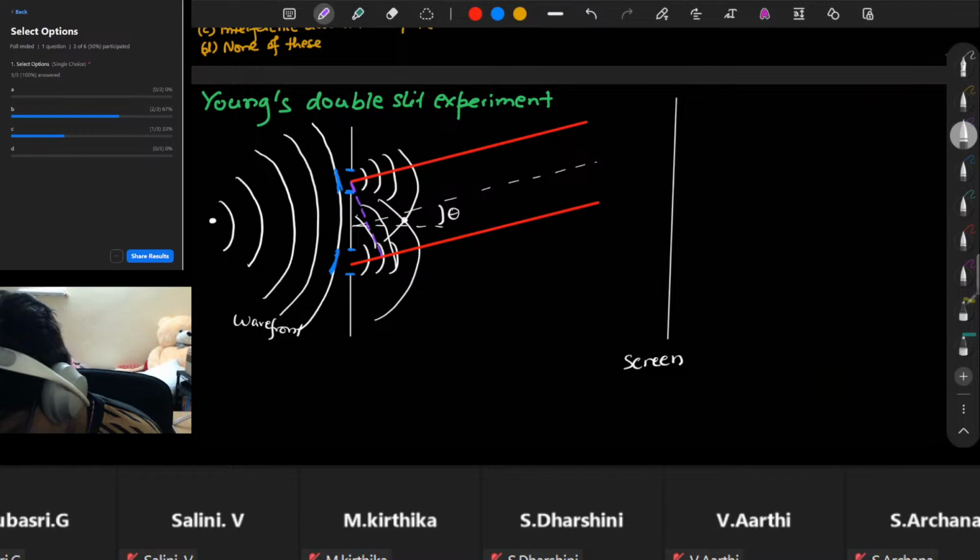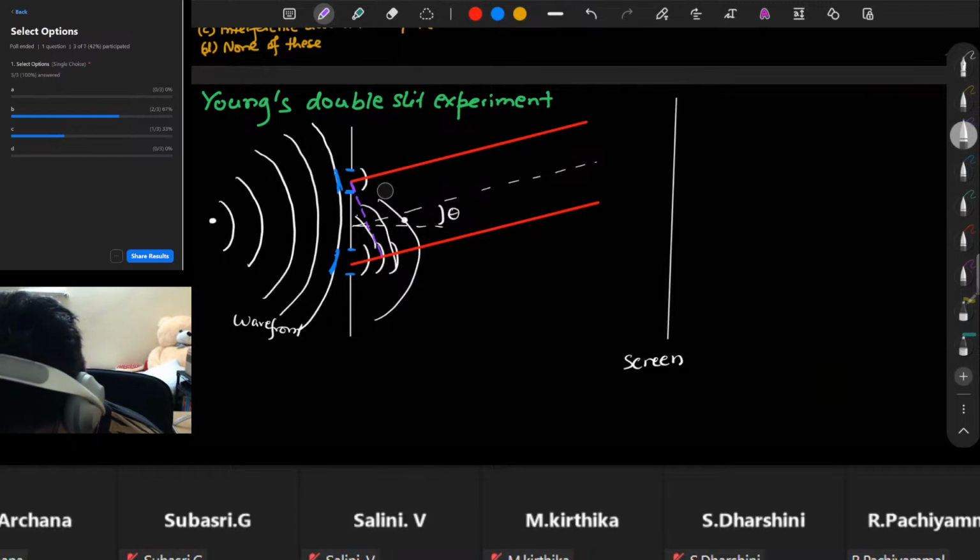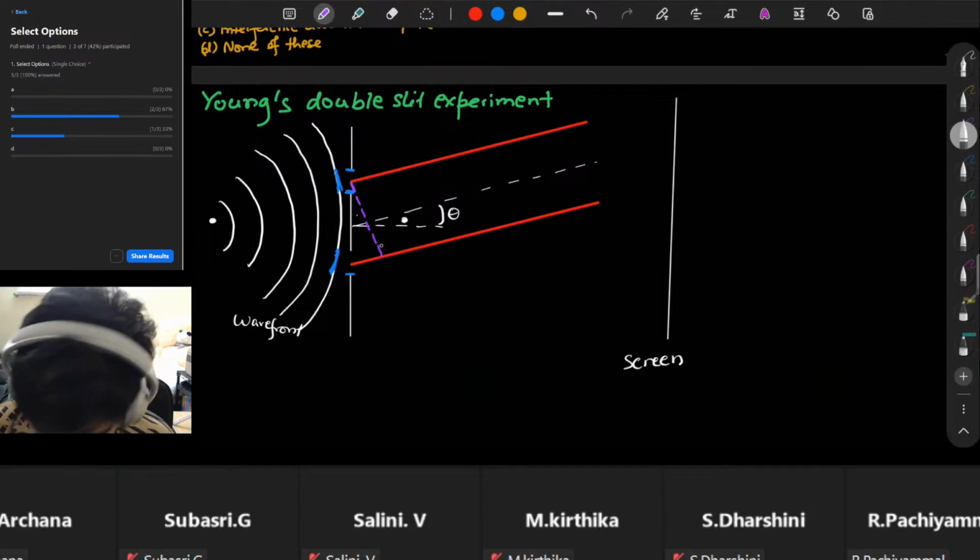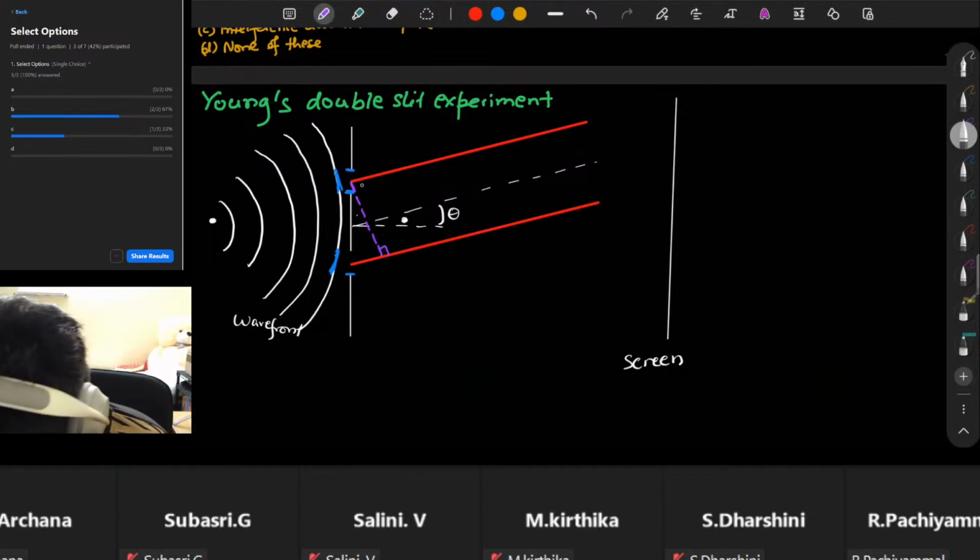Let me get rid of these wavefronts now. I think it is clear that this is division by wavefront, so I can remove these wavefront lines. They are just causing a lot of clutter. Okay, better. So this is 90 degrees. This is 90 degrees. This will also be 90 degrees.